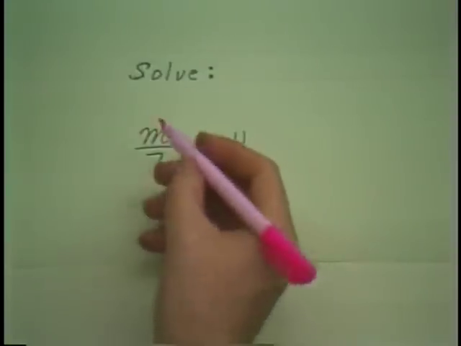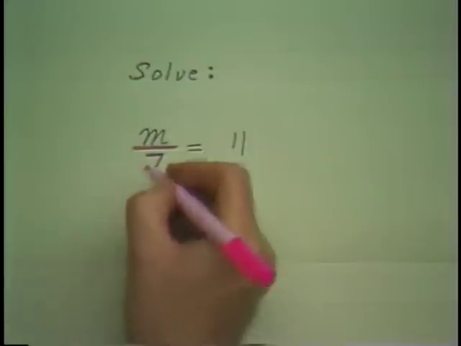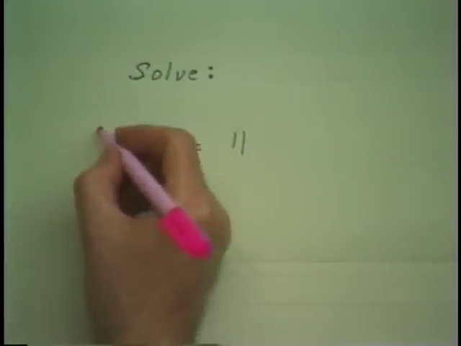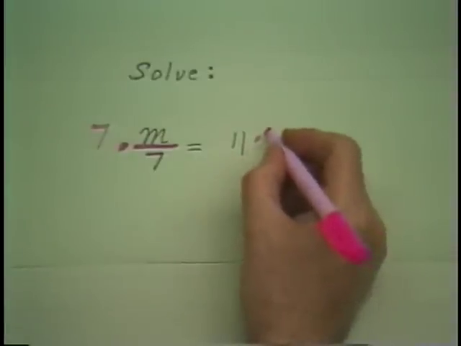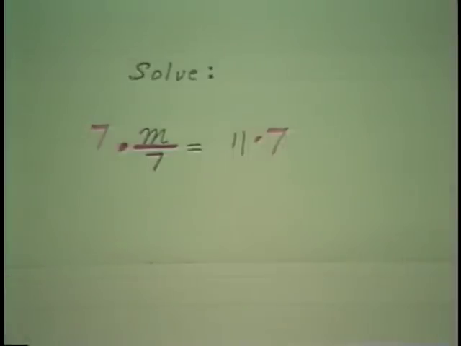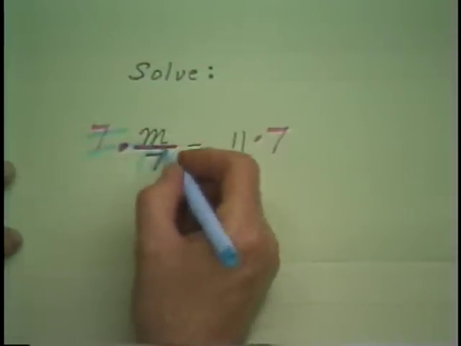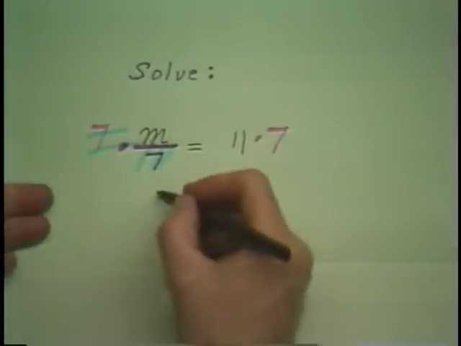And conversely, if your variable was being divided by a constant, we undid the division by multiplying. But then I have to multiply both sides. So in this case, the multiplication by 7 undoes division by 7, isolating the variable.